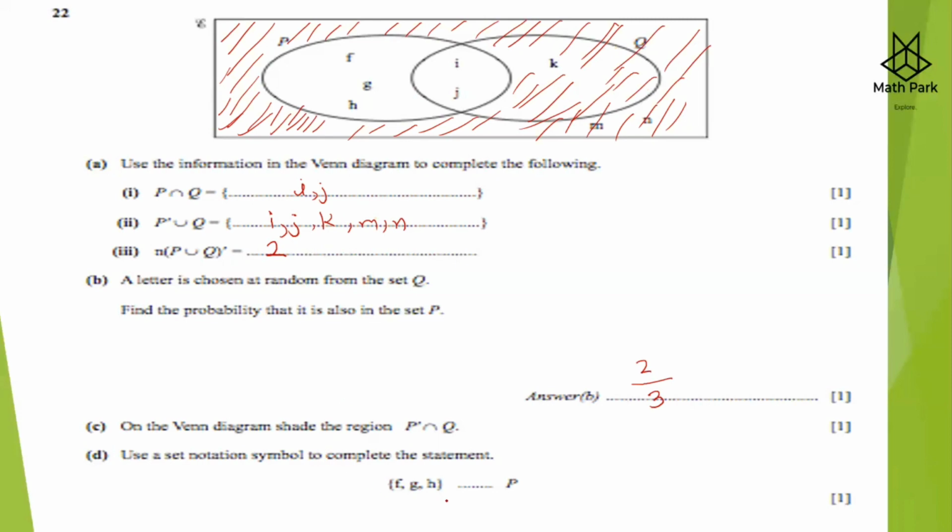Got it? So we have shaded on the Venn diagram P complement. The shaded region shows P complement intersection Q.